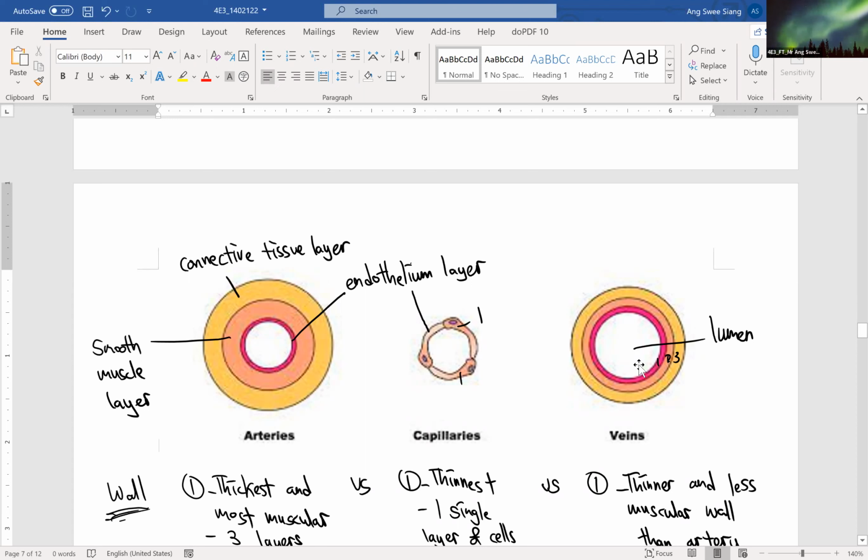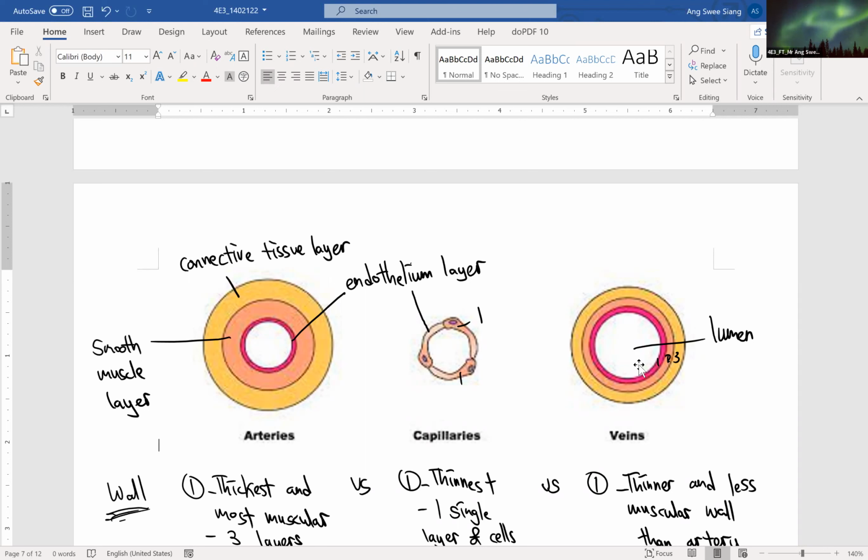Veins, transport what again? Okay, so Grace answer a bit too much detail already. You say transport, she say transport oxygenated blood, deoxygenated blood. Then I cannot hear behind already.